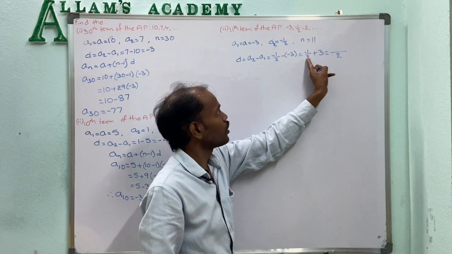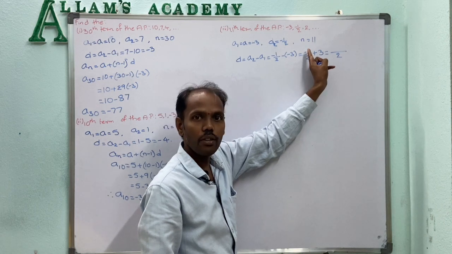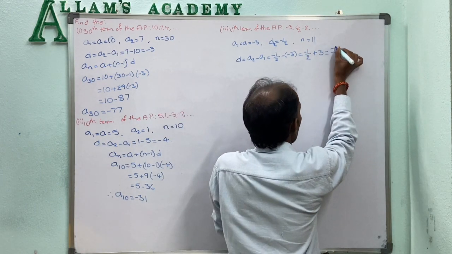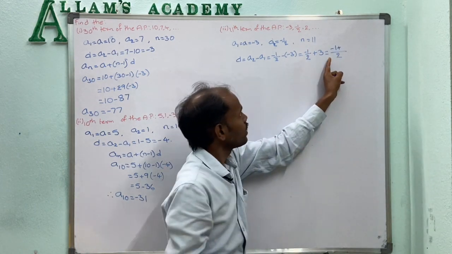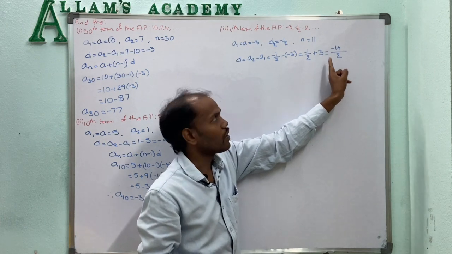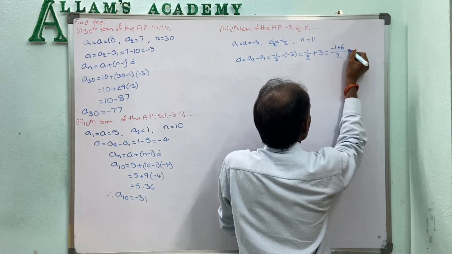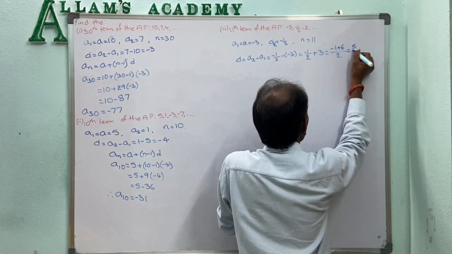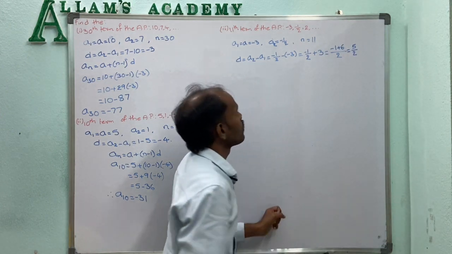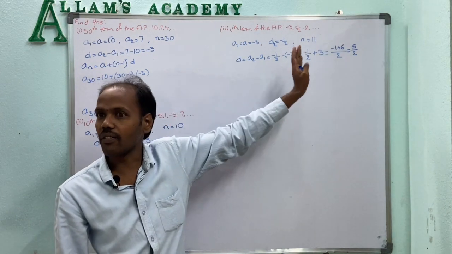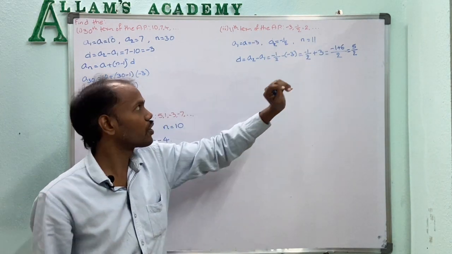So 2 ones are 2. So 1 into minus 1 is minus 1, plus 3 twos are 6. So minus 1 plus 6 is nothing but 5 by 2. So the common difference d equals 5 by 2.